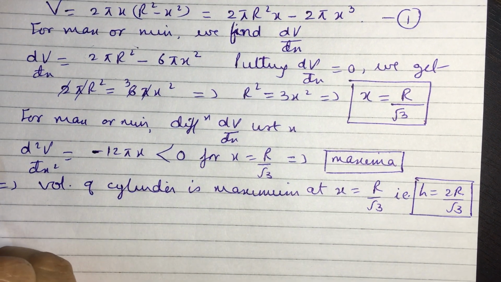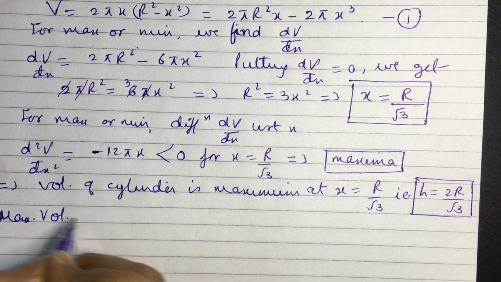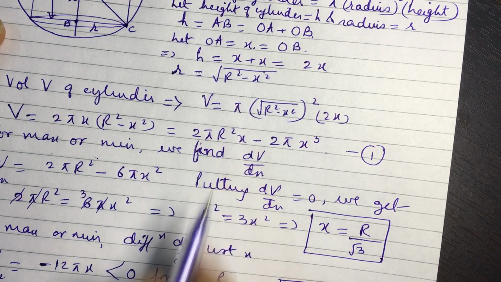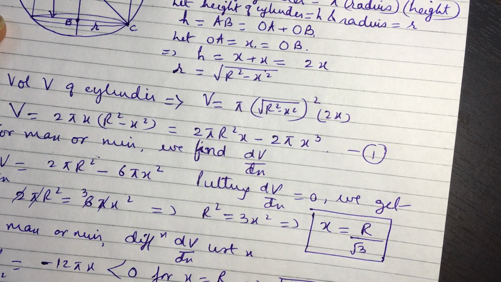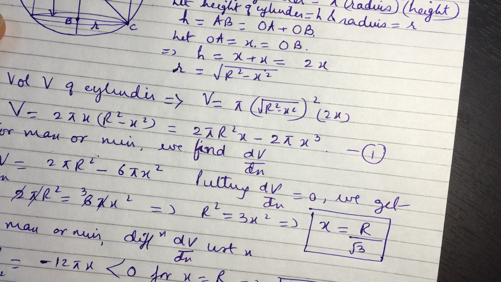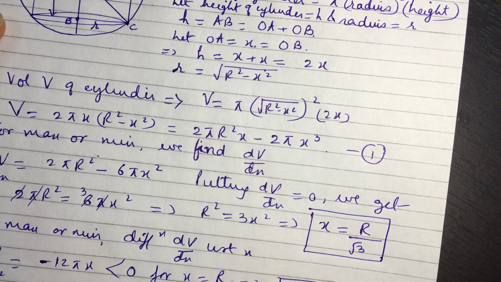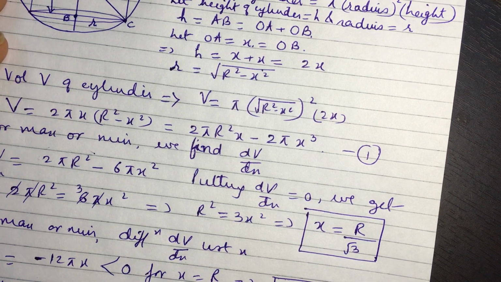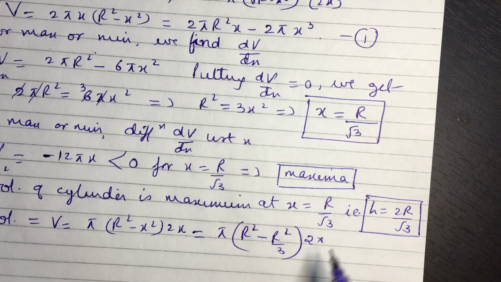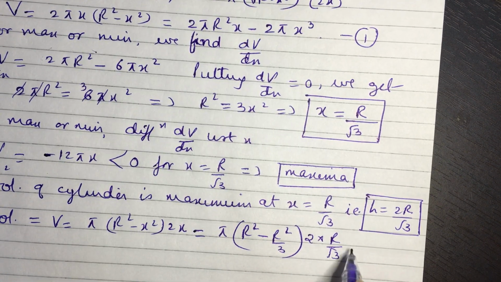Now to find maximum volume, the formula for volume is V equal to pi into r squared minus x squared into 2x. Now let's write this. So pi into r squared minus x squared would be, x squared is r squared by 3, so we get r squared minus r squared by 3 into 2 into x, which is r upon root 3.